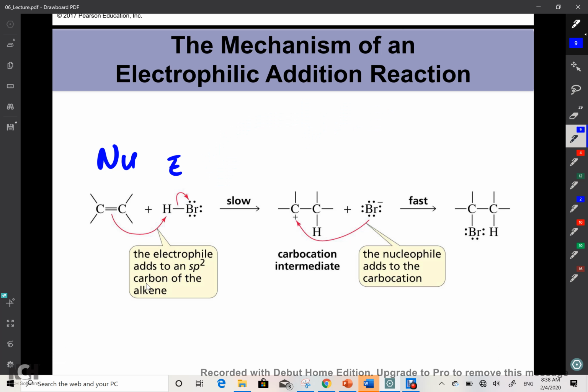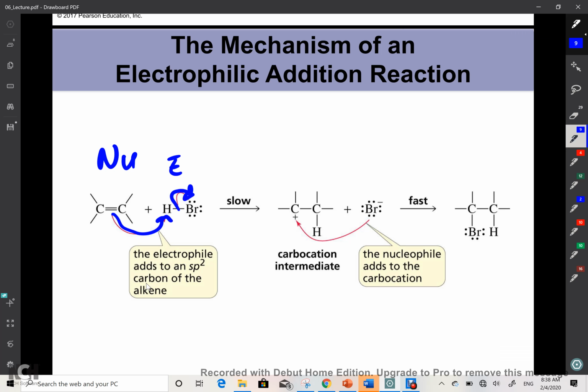The first step of the mechanism is that the electrons from the pi bond move towards the hydrogen. That in turn causes the bond between hydrogen and bromine to break. The two electrons involved in the bond between hydrogen and bromine separate and go to the bromine.